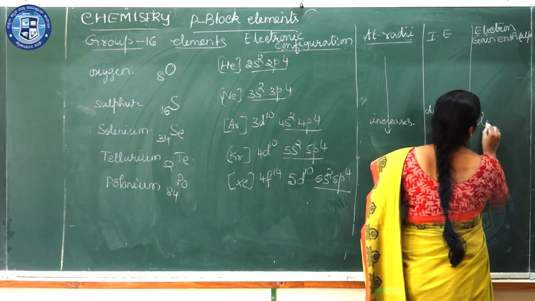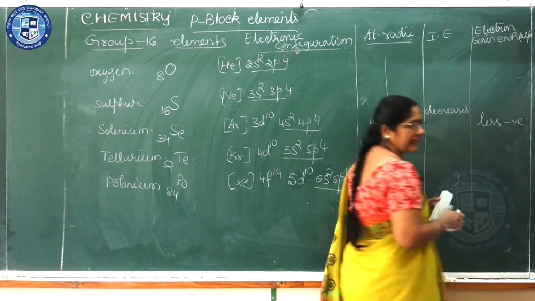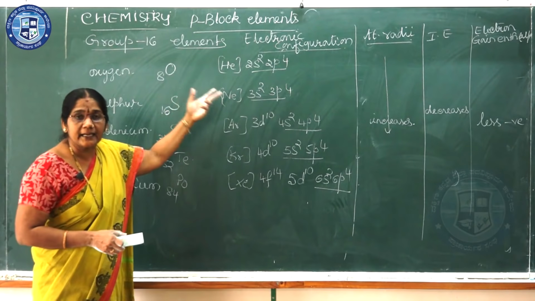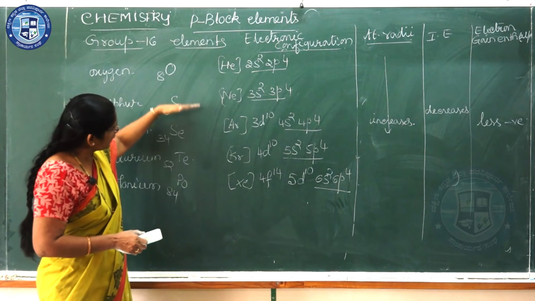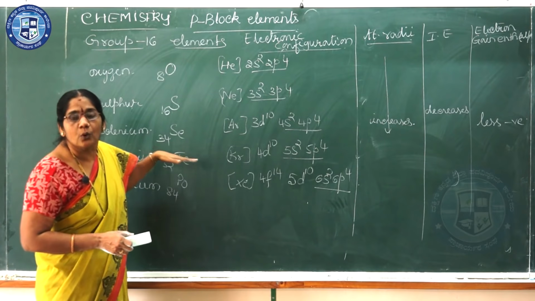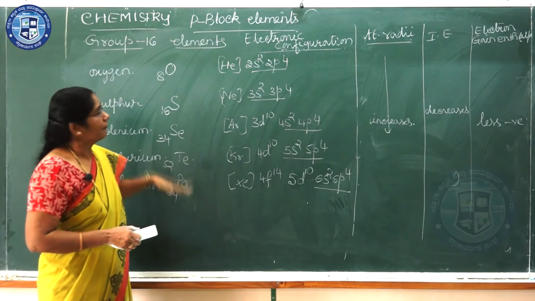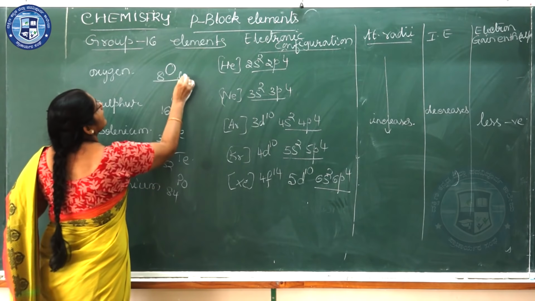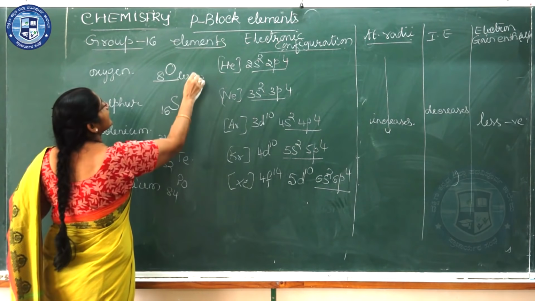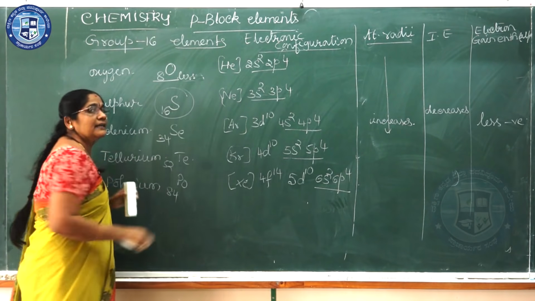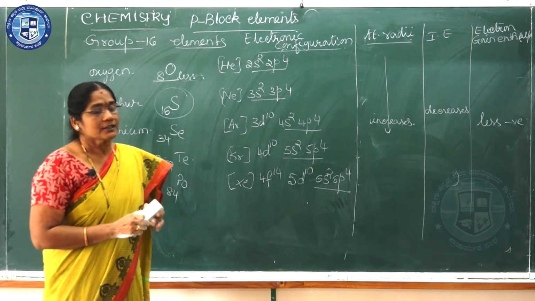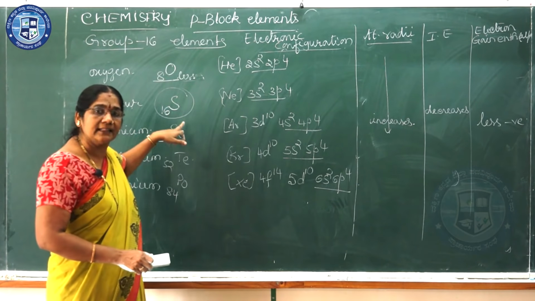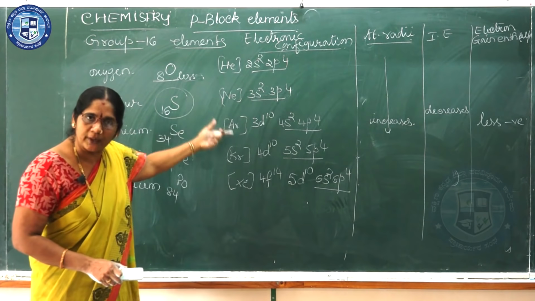So oxygen is expected to have the highest negative electron gain enthalpy, and there onwards the value becomes lesser negative. But the problem here is oxygen has less negative electron gain enthalpy than sulfur. So the electron gain enthalpy of oxygen is lesser than that of sulfur, which is expected to be otherwise.